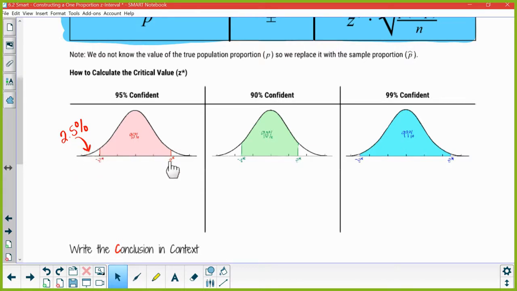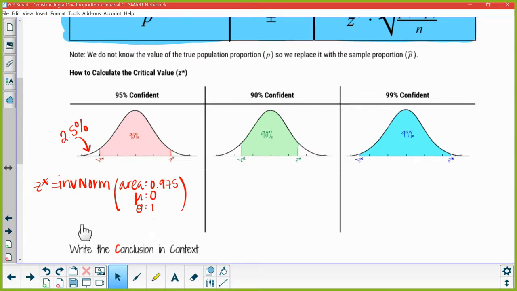Well, I can get this z-score value by using a function in my calculator, and it's called inverse norm. So I can go into my calculator and do z star is equal to inverse norm of area 0.975, because I have to add not only the 95%, but this 2.5% in the tail. So I get 97.5. Mu is 0, standard deviation is 1, because we're working with z-scores.